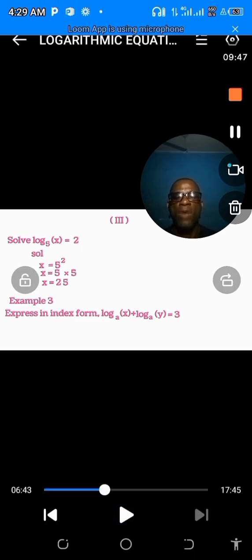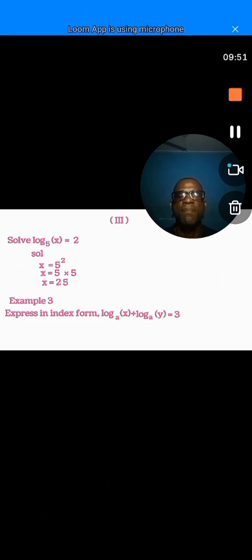Now, what we are going to first of all take cognizance of is the product law of logarithm. To sum two logarithms of the same base, we multiply them. So it's going to be xy is equals to a raised to power 3.